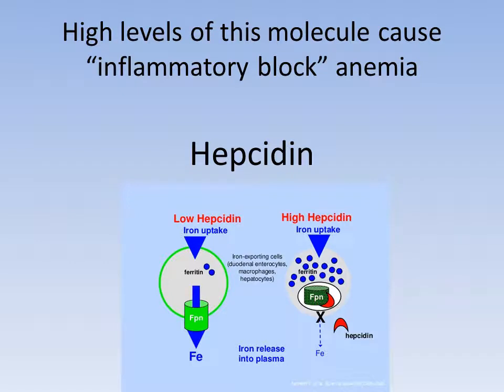It's upregulated in settings of stress or inflammation, and hepcidin binds to the channel that allows iron to leave cells. If it binds that channel, it gets taken up by the cell, and both get destroyed. There's no channel by which iron can leave the storage cells, so basically you end up with very low levels of circulating iron in the blood.